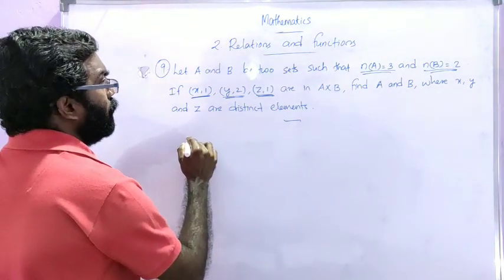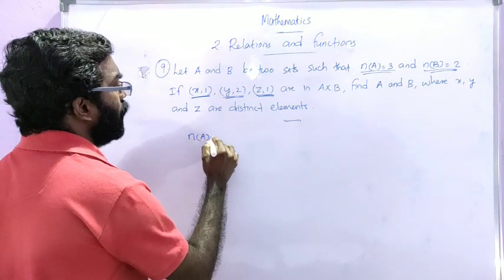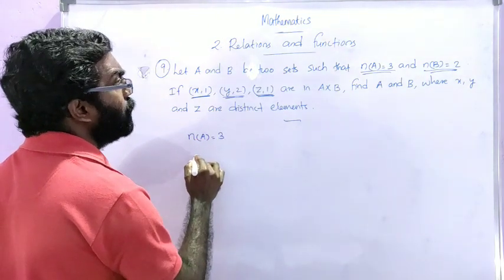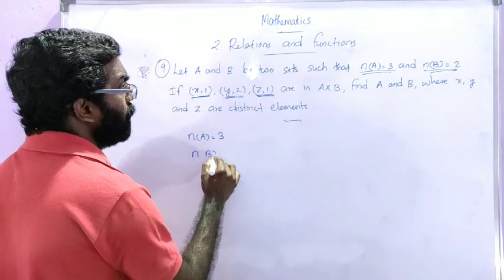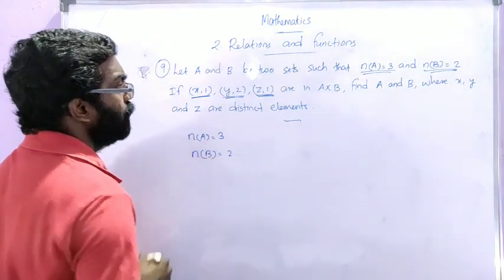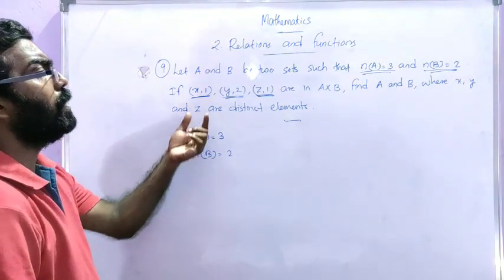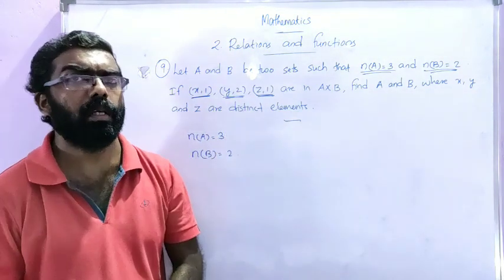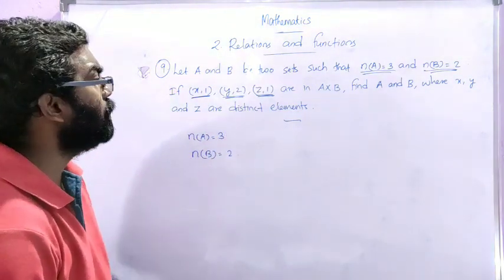So here n of A is equal to 3. The number of elements in A equal to 3 and number of elements in B is equal to 2. And we are given 3 elements in A cross B, and we have to write what?